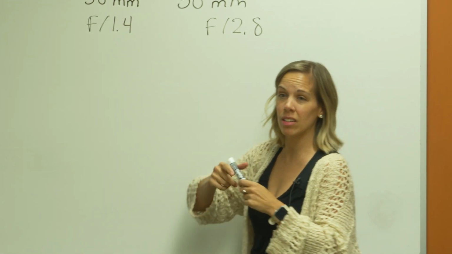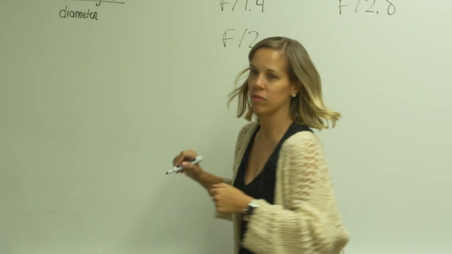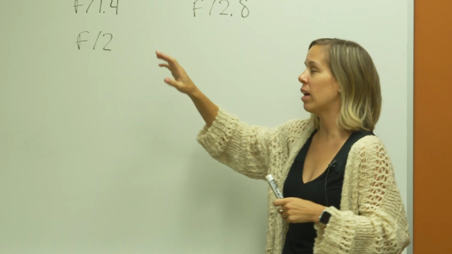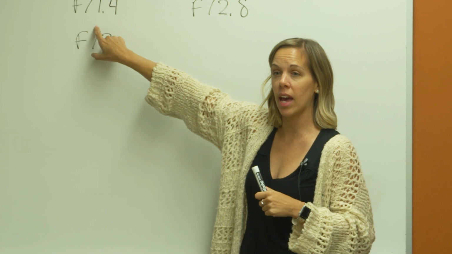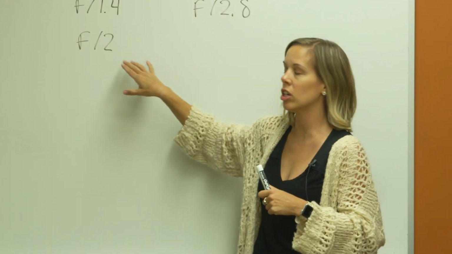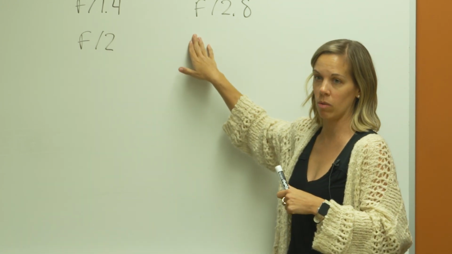You might have to use f2 on this one, so you might not even get to use that 1.4. However, this lens, because it has this capability, even if I shot these at exactly the same aperture, would take a clearer, sharper picture than this one right here.